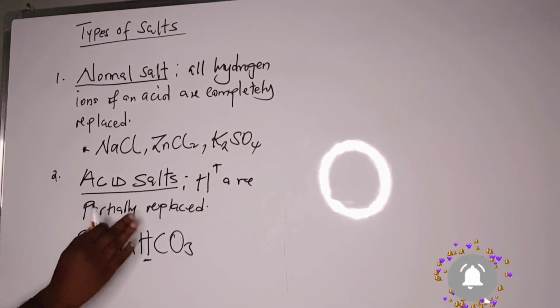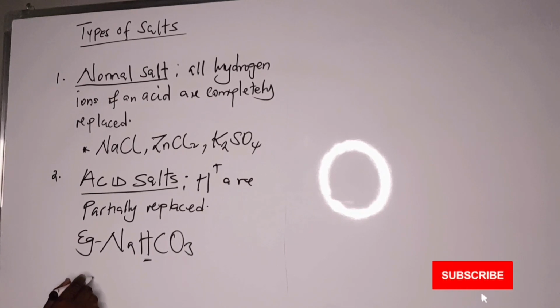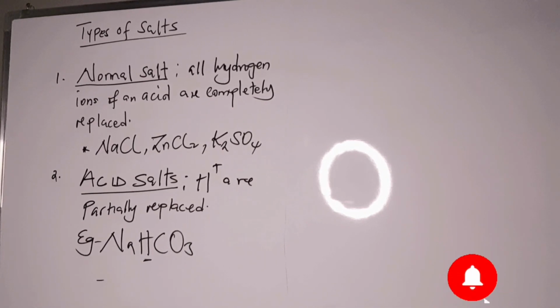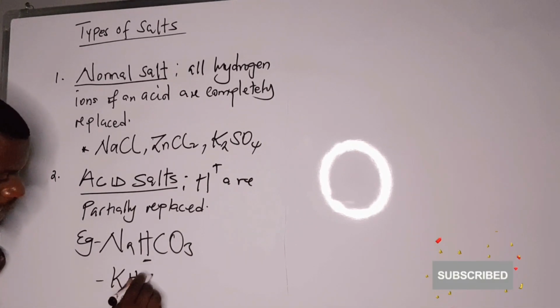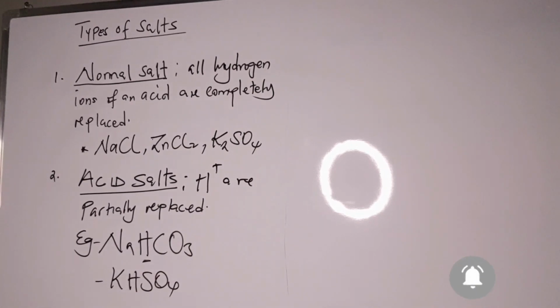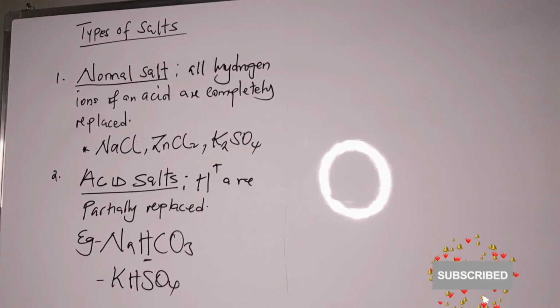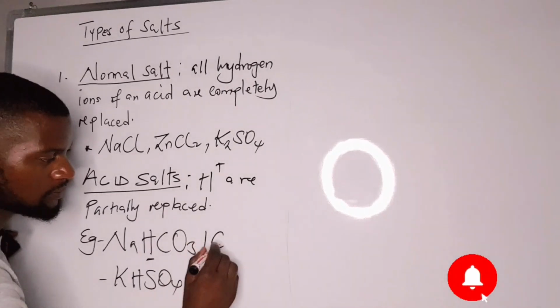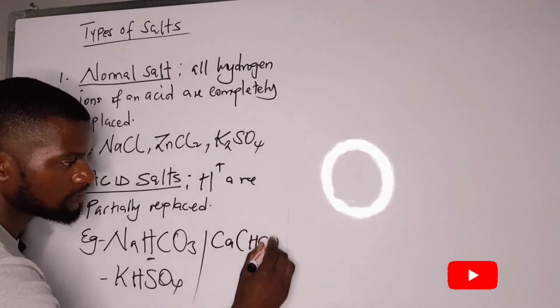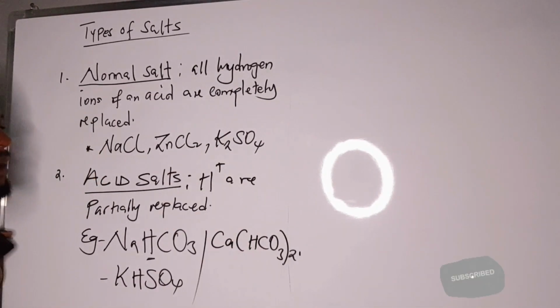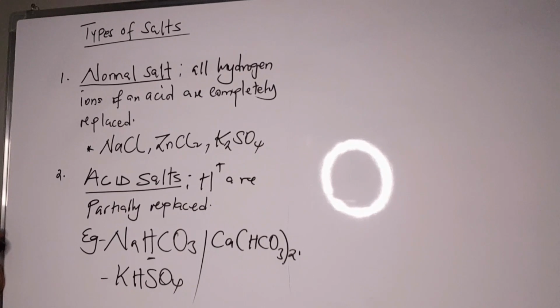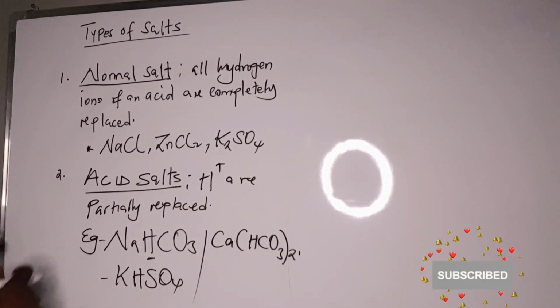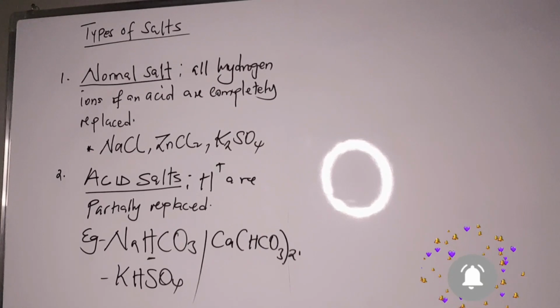Another example is potassium hydrogen sulphate. Another example is calcium hydrogen carbonate. It is another example of an acid salt.